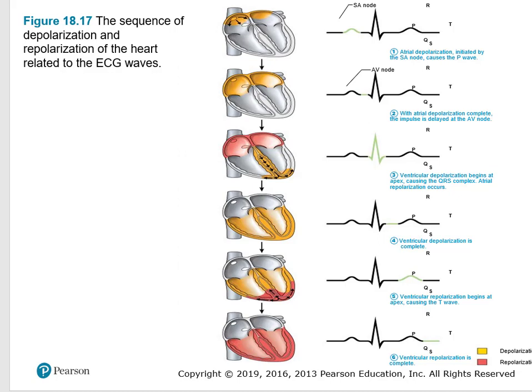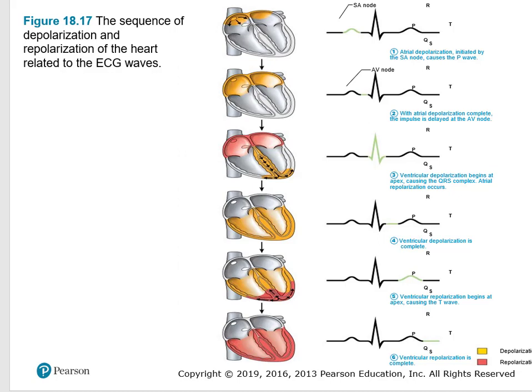What you're seeing is when the P wave is happening, the impulse from the SA node is slowly starting to spread between the atria, crosses the interatrial septum, and goes to the left atria over there. That's what you're seeing at the end of the P wave in your PQ segment that you see over there.